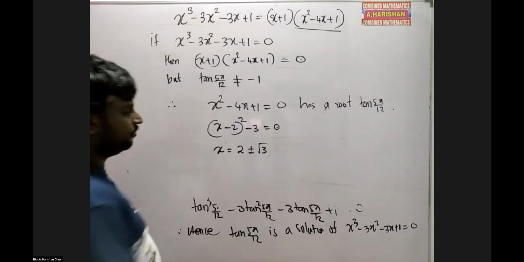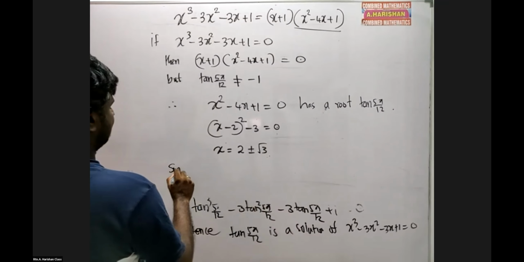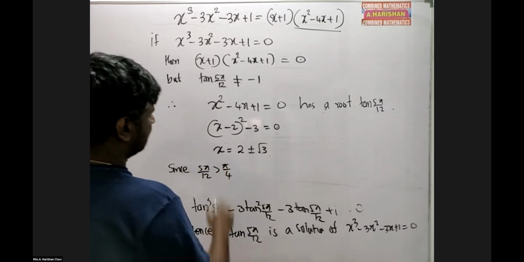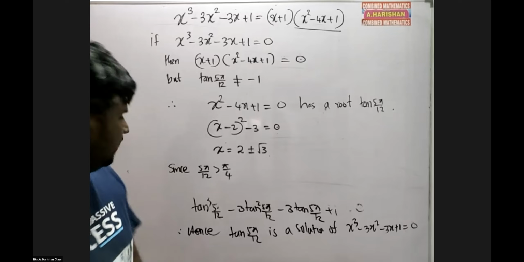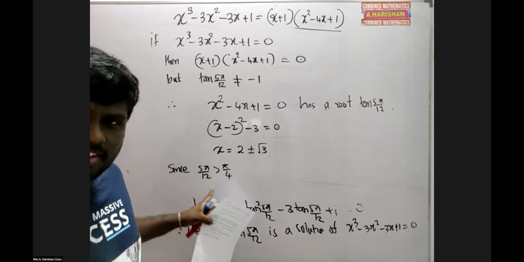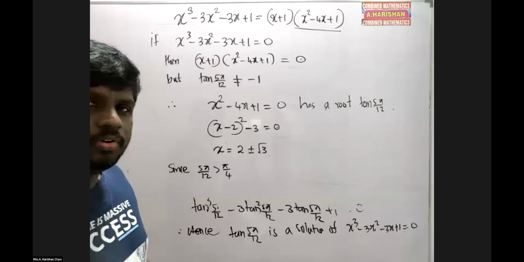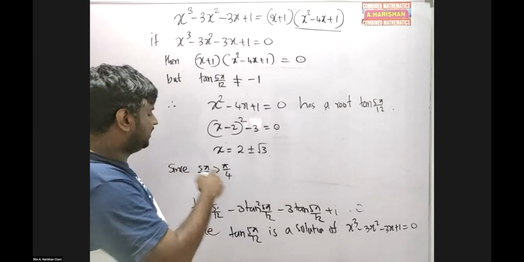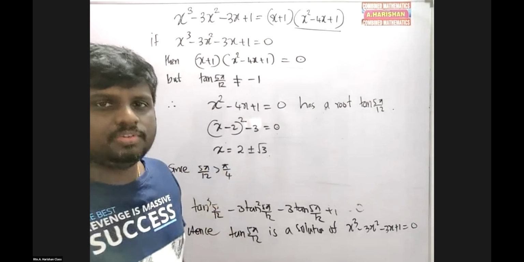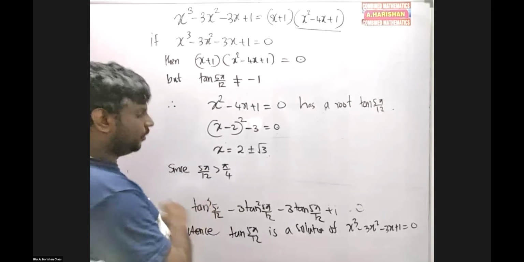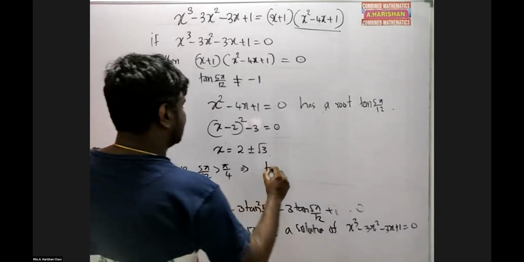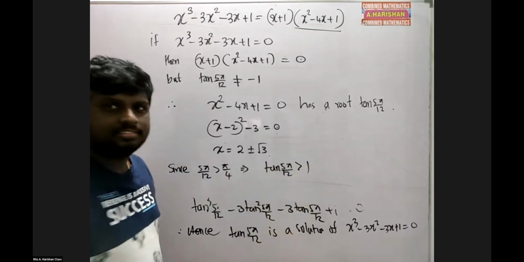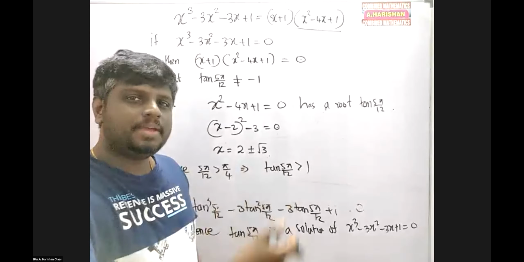Because 5 pi by 12 is greater than pi by 4. Yes or no? Cross multiply and see: 20 is always greater than 12. So that implies tan 5 pi by 12 is greater than 1.